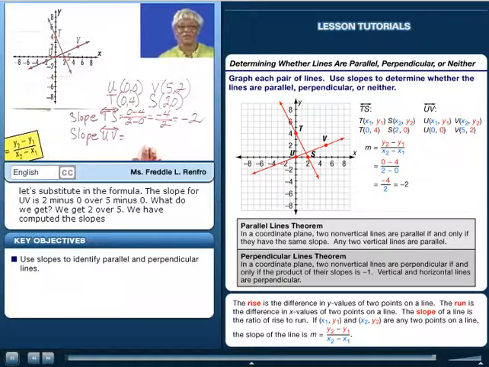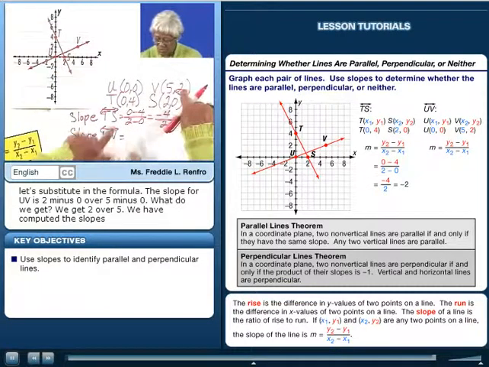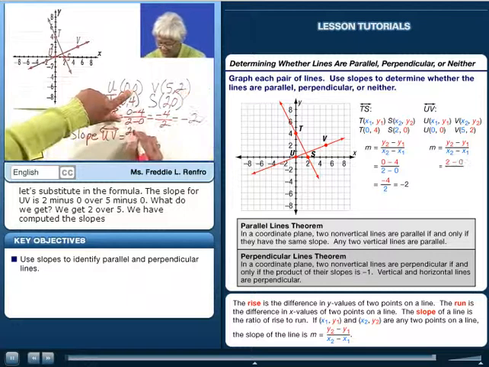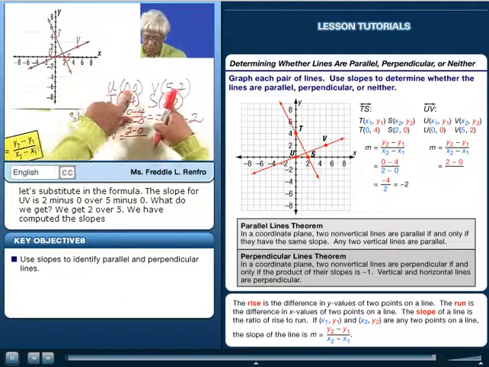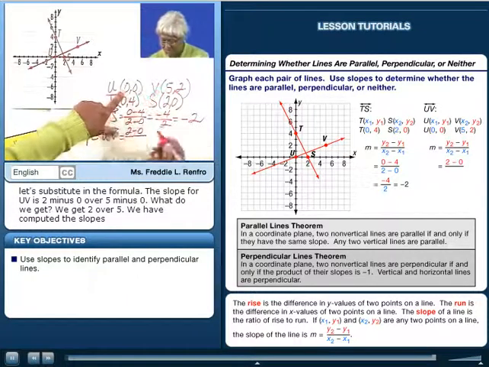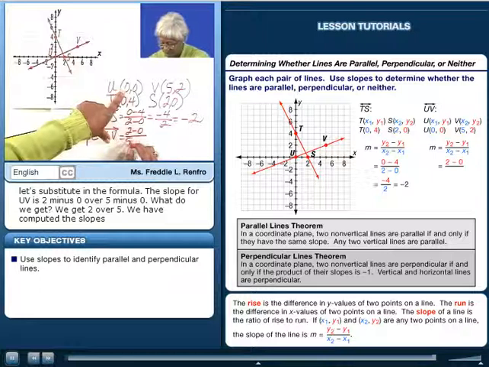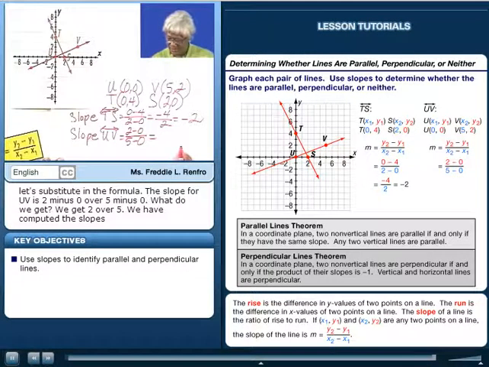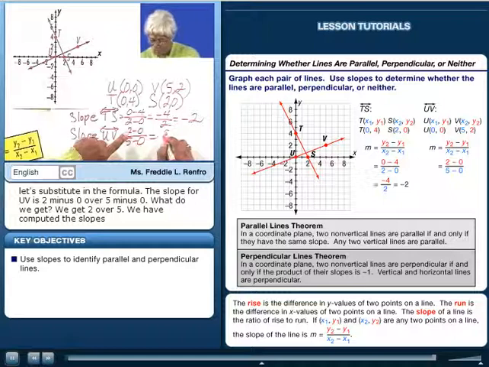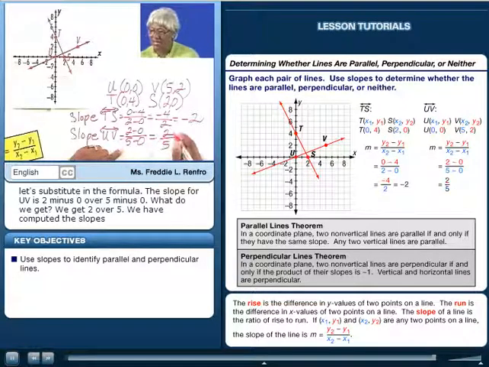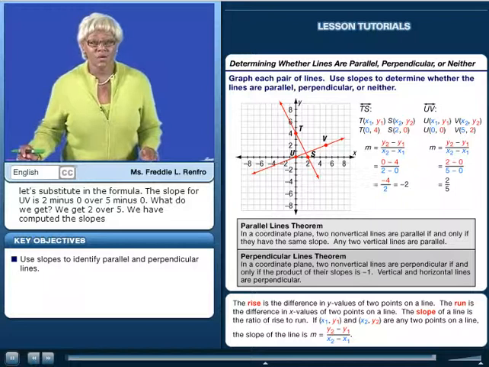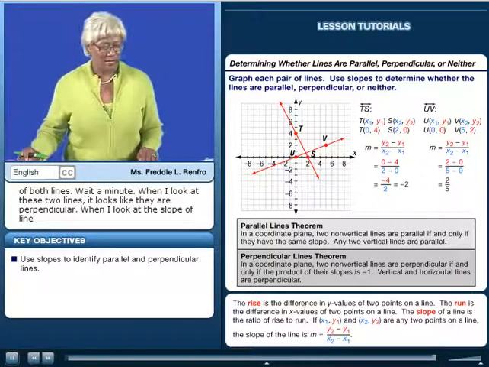Now let's substitute in the formula. UV: 2 minus 0 over 5 minus 0. And what do we get? We get 2 over 5.